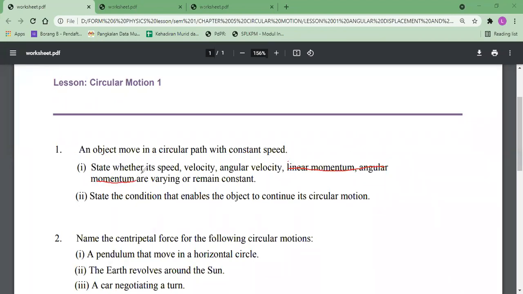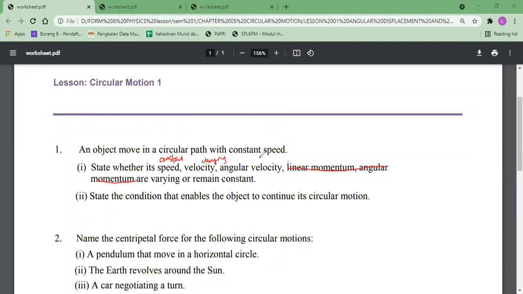Okay, varying or remain constant. Which one will remain constant? Speed remains constant. Velocity, that means that it is varying.